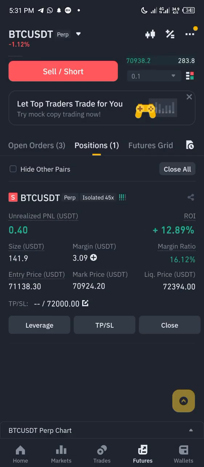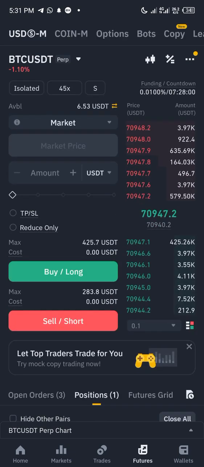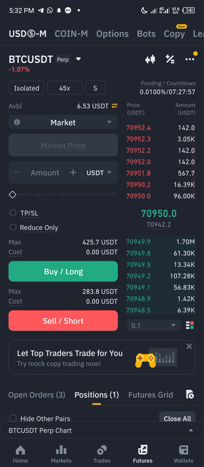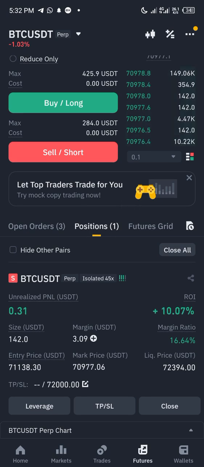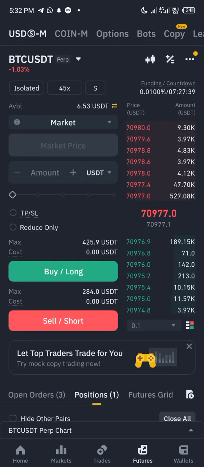So let me also add something to this video for you guys. The current leverage that you are using, you see that I'm using 45x leverage. Another benefit of using leverage, apart from adding more to your money, is that if the price of Bitcoin rises 1%, I'm going to be having a 45% increment on the amount I used to enter the trade. That's another benefit of using leverage.